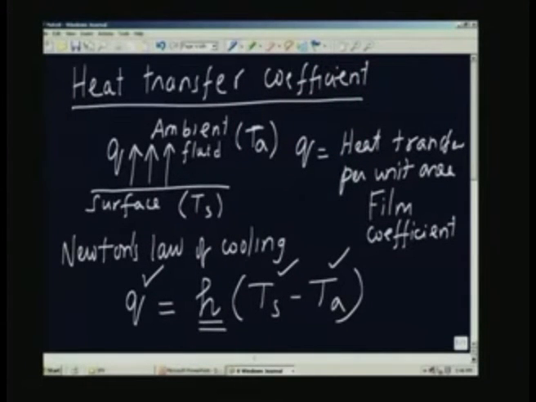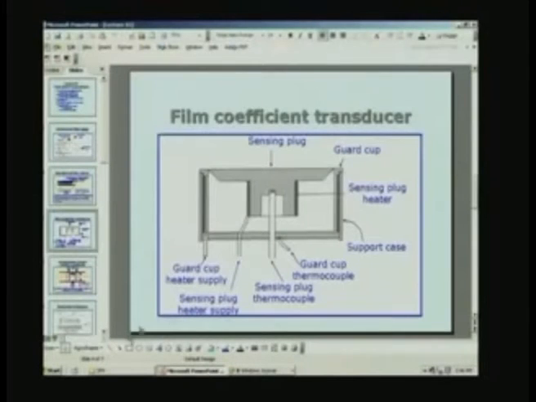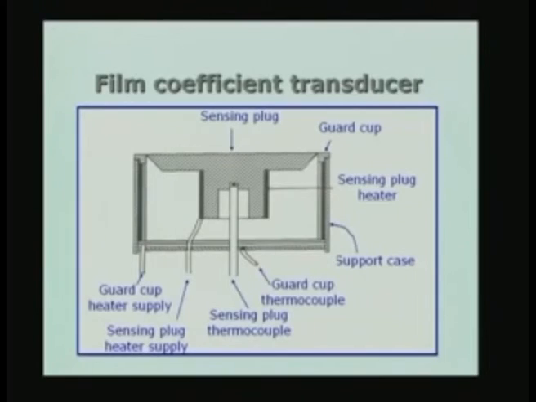So, to recapitulate, all I have to do is to measure the Q, measure the Ts, measure the Ta, and how am I going to do that? That is going to be shown in the slide. Film coefficient transducer. The principle of the film coefficient transducer is the following. I am going to have a plug of material which is shown here. This is a cylindrical thing, this is the axis of the cylinder.